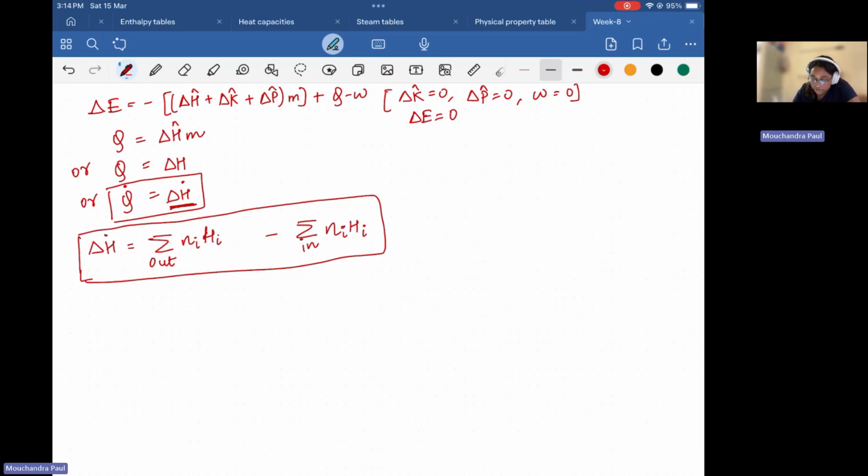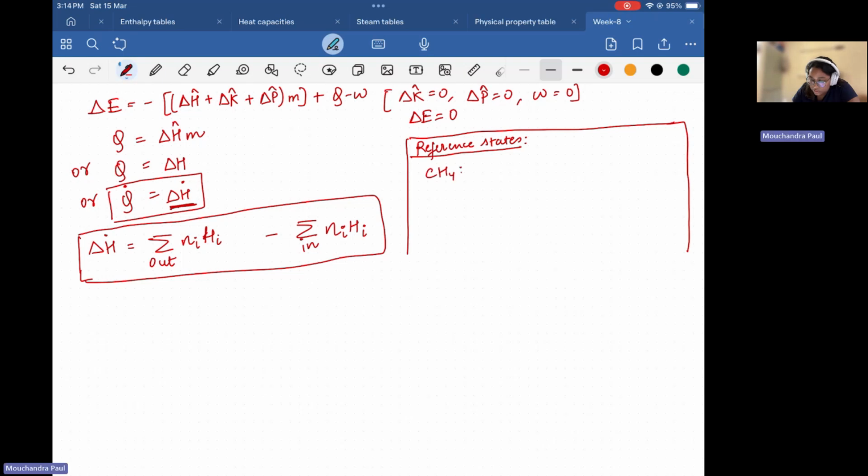Now, we are given some reference states.